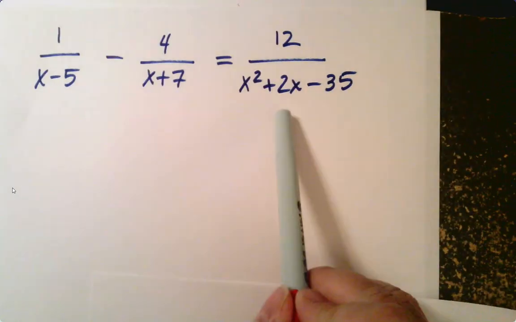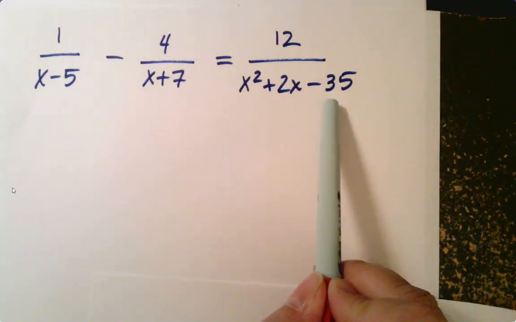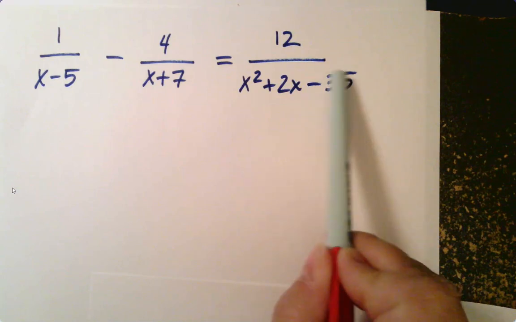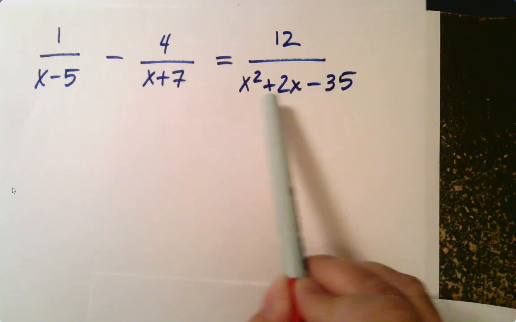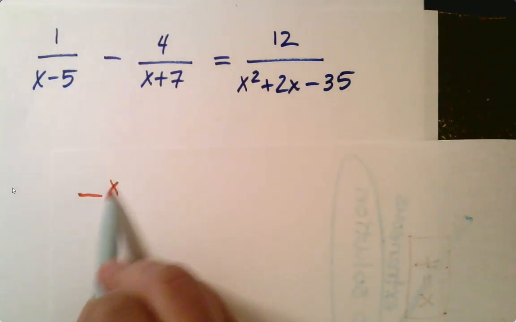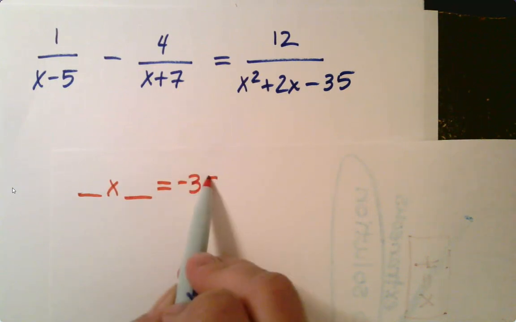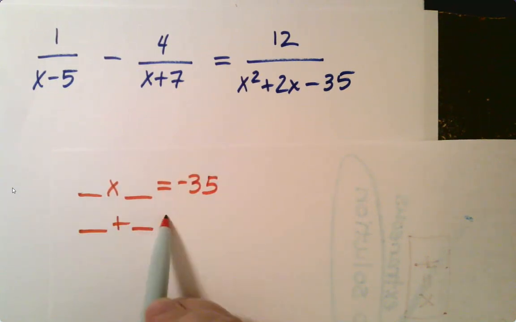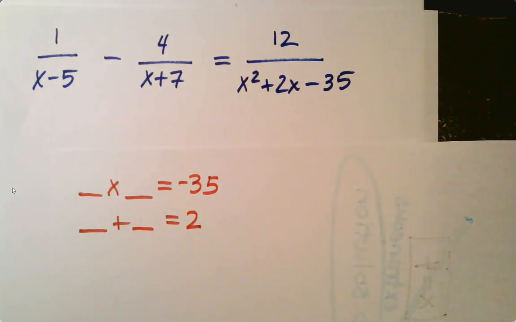When you have no leading coefficient other than 1, in other words, it's 1x squared, not 2x squared or 3x squared or 15x squared, the easiest way to factor these would just be to ask yourself what two numbers multiply to give you negative 35 and add to give you 2. Their product is negative 35, and the same two numbers have to add up to positive 2. The signs matter here.